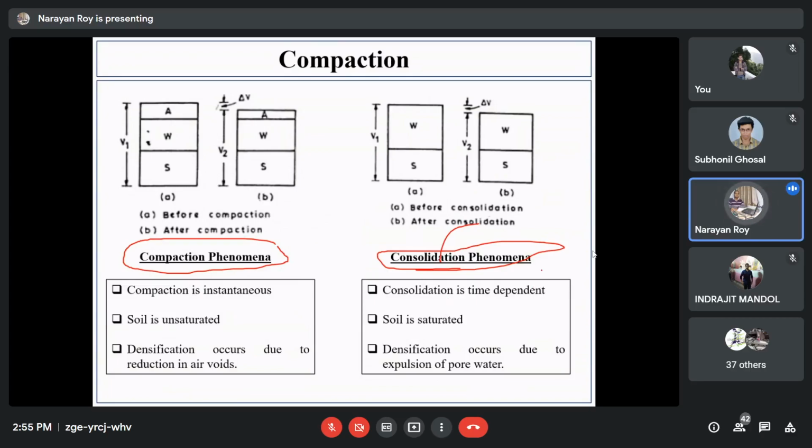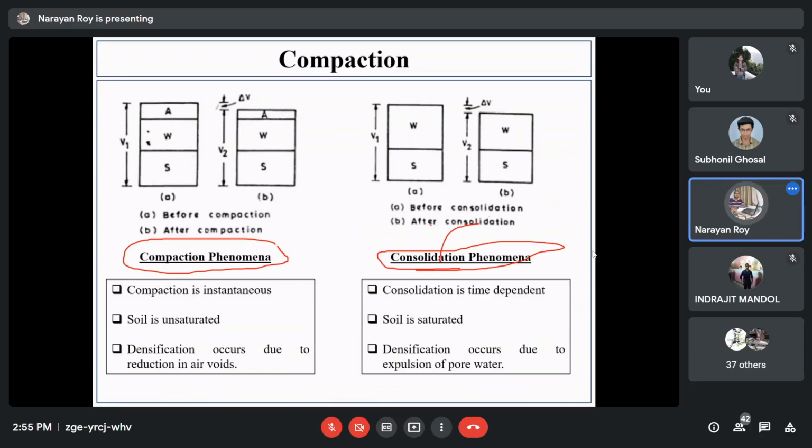Although you will not completely understand consolidation now, you can understand it physically for the time being, and later, when the consolidation part is covered, you can understand it clearly. So what is the basic difference? Compaction and consolidation may appear to be quite similar phenomena, but they are distinct.